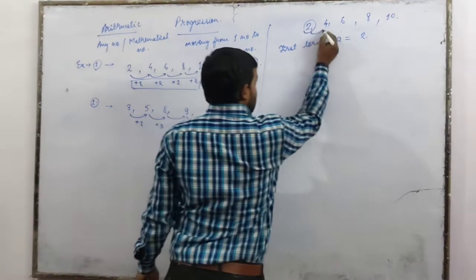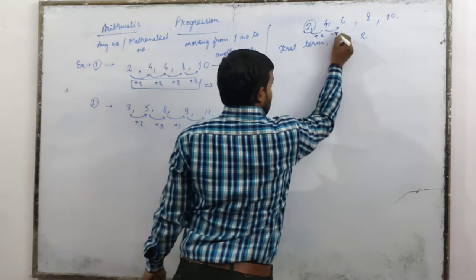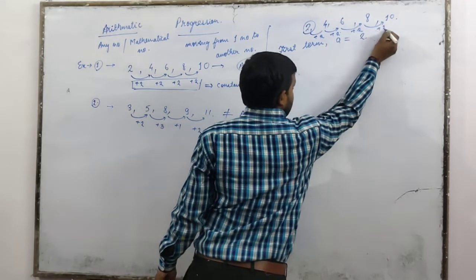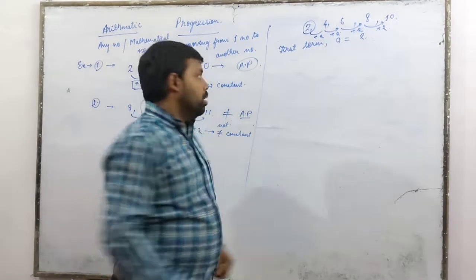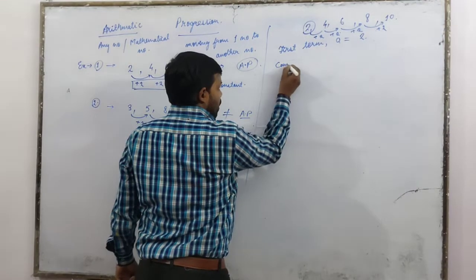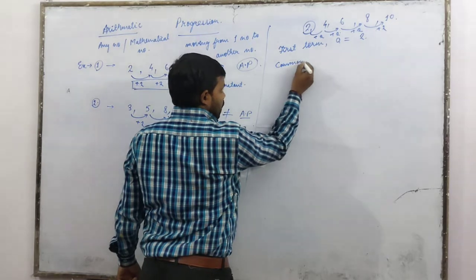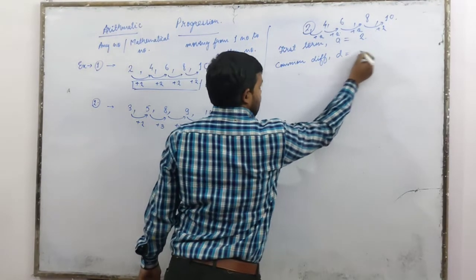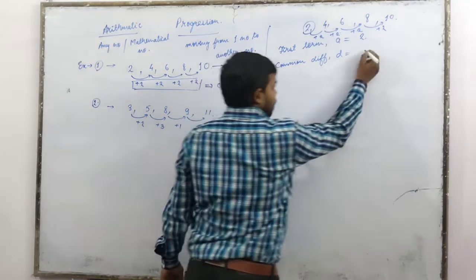Now the difference is common every time: 2 is added each time to the previous number to get the next number. It is called common difference. This common difference is denoted by D and here it is 2.